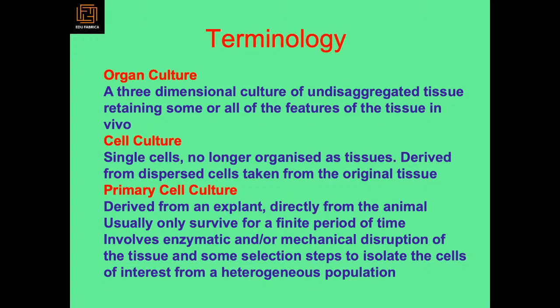Some terminology in cell culture: organ culture. So there are 3D cultures, undisaggregated tissues retaining some of the features of the tissues in vivo. We have organ cultures of the heart, of the liver, of the pancreas.